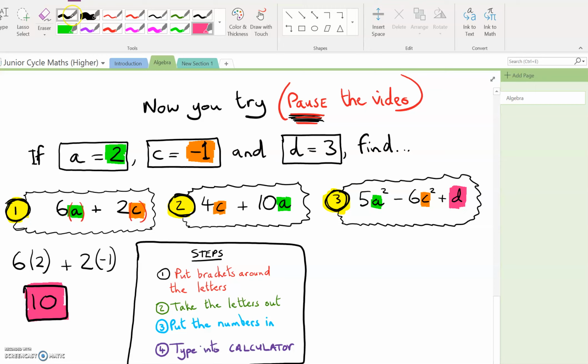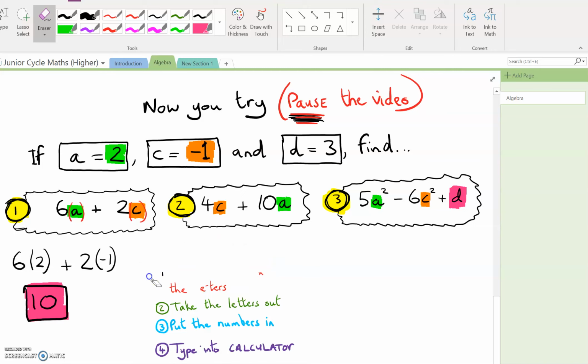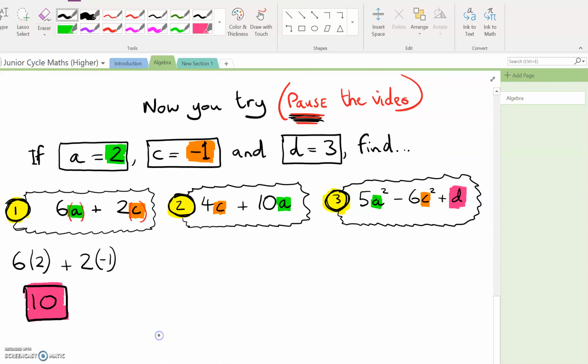Now let's try question 2. So let me just rub this box out so that I have room to do question 2. Now, what's step 1? Can you remember without looking at the steps? It's put brackets around the letters. Well done. Take the letters out.